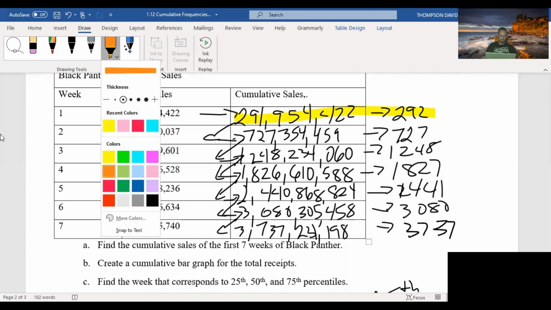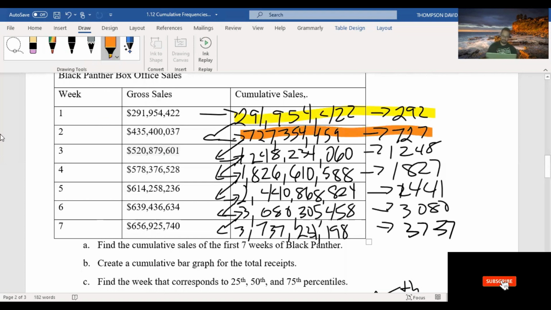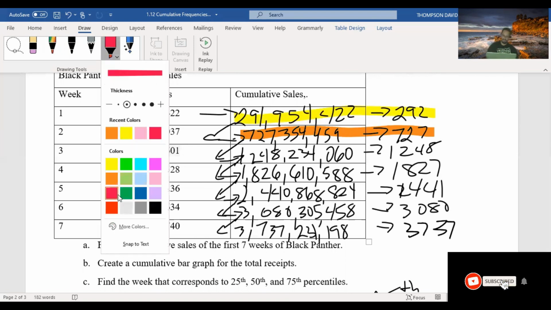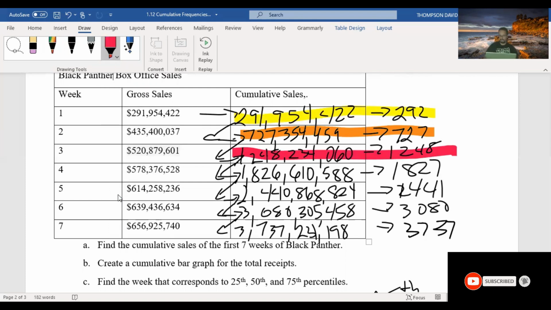We'll switch to orange next. We still haven't hit the 934 million. But if we look at our next one, we are at 1,248. So between weeks 2 and 3, we hit that 934 million.